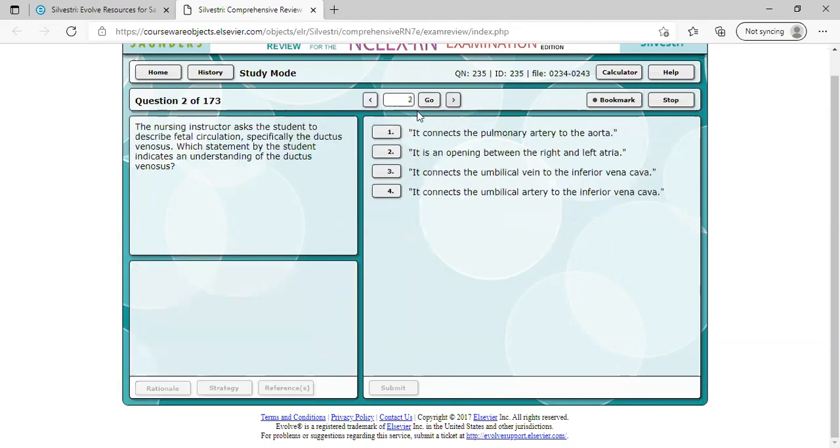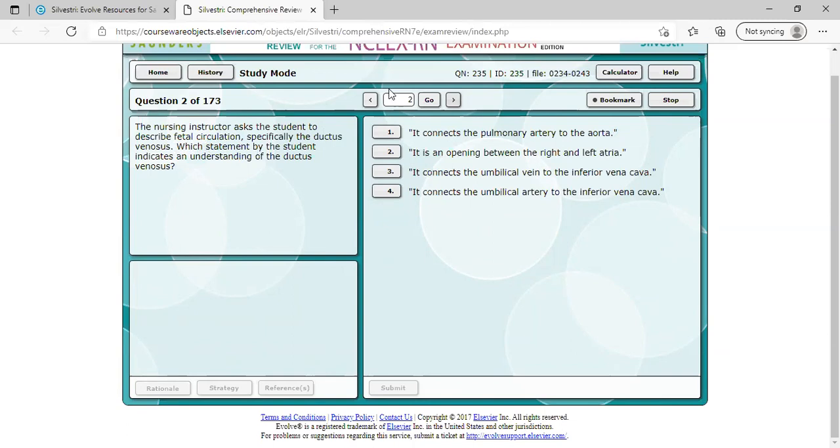Next question here. They said a nursing instructor asked the student to describe the fetal circulation, specifically the ductus venosus.